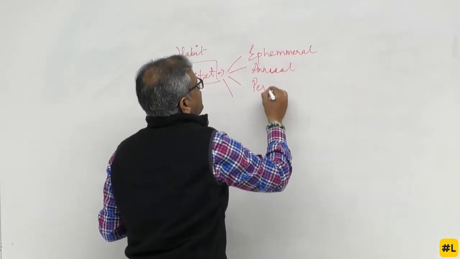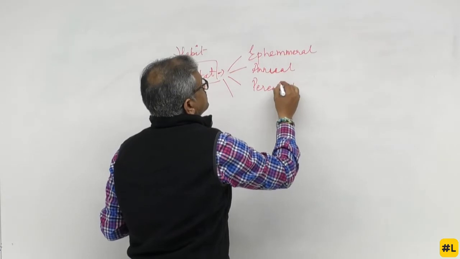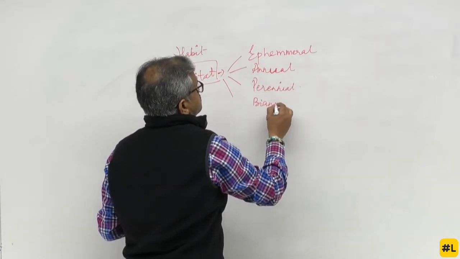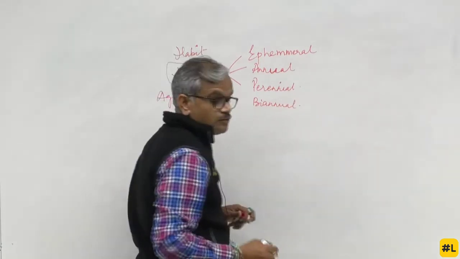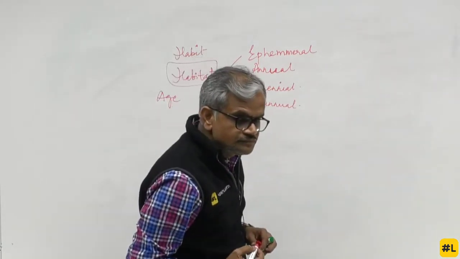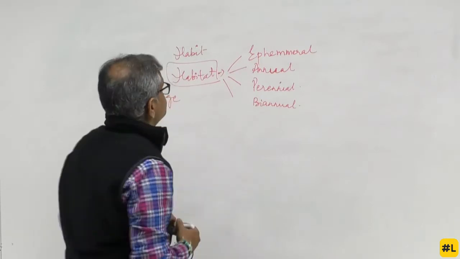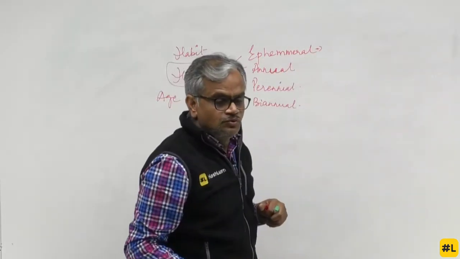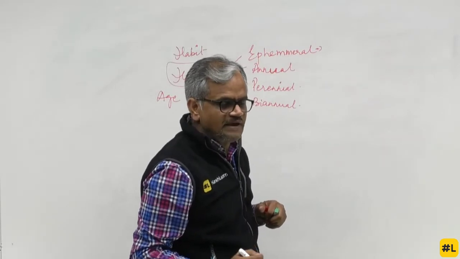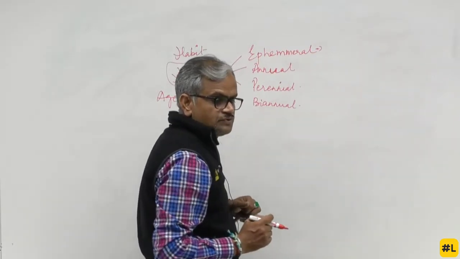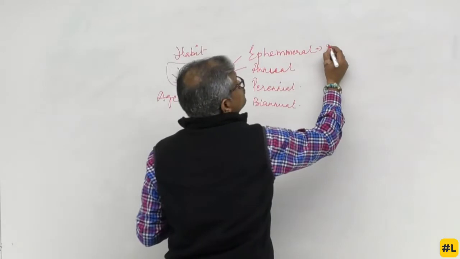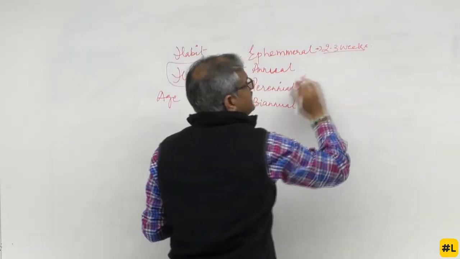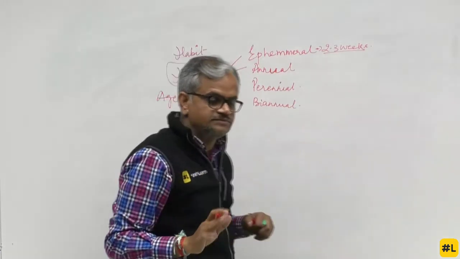Some plants are perennial, and some plants are biannual. Right? Ephemeral are the plants who have a life span of 2 to 3 weeks. Entire lifespan finishes in a month maximum.